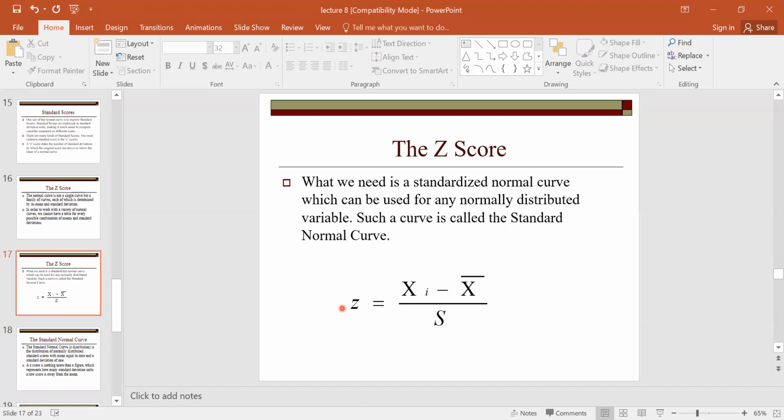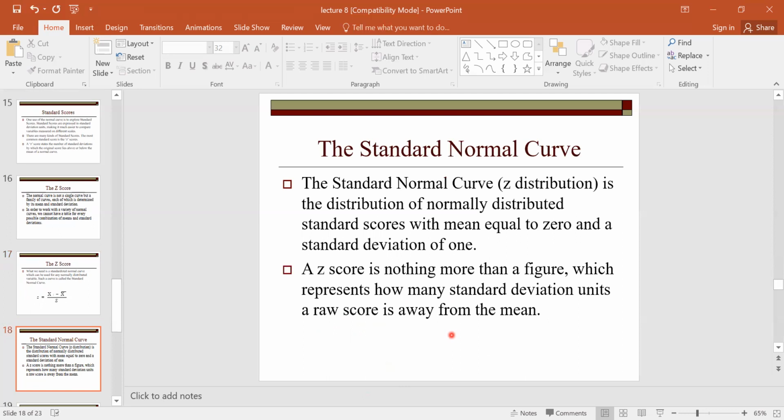And this is the z statistic or the z-score, which is known as standard normal, by which we can calculate the value of normal z. This standard score z, x minus mean over standard deviation, gives us a score which we use to compare or to conclude our study.